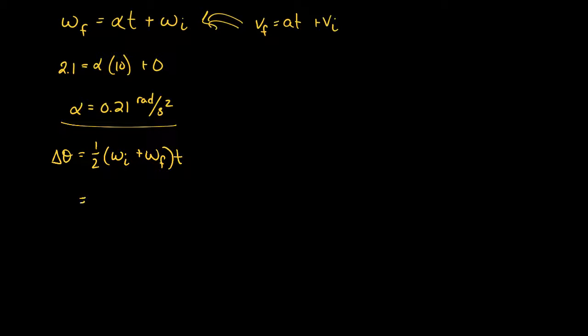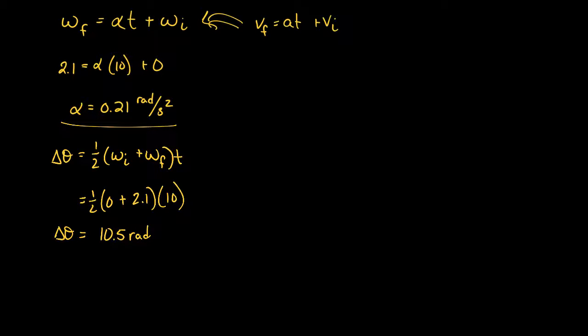I have everything. I have 0 plus 2.1 times 10. And when I work all this out, 21 divided by 2 is going to be 10.5. So delta theta equals 10.5, and this will be in radians.